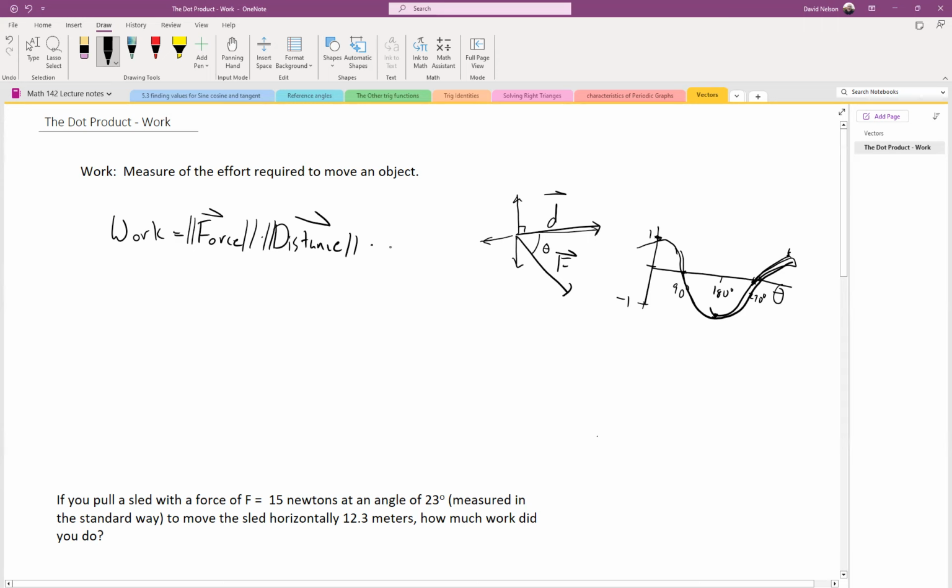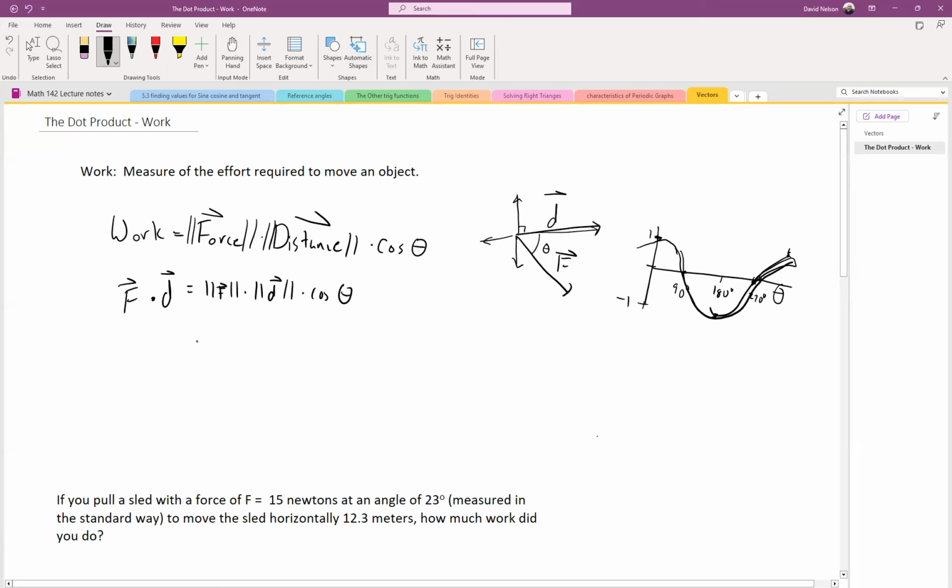And of course, a nice function that does that is the cosine function. So we're defining the work to be the magnitude of the force times the magnitude of the distance times the cosine of the angle in between those. And we're defining that as the dot product: F dotted with D would be the magnitude of F times the magnitude of D times the cosine of theta.